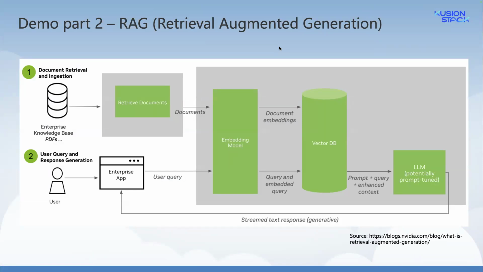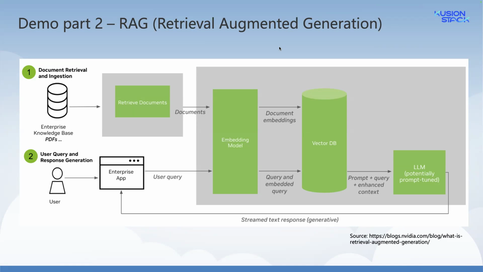RAG stands for retrieval augmented generation. In the previous demo, when you ask a question that the OpenAI LLM doesn't know, it will answer you that it doesn't know.